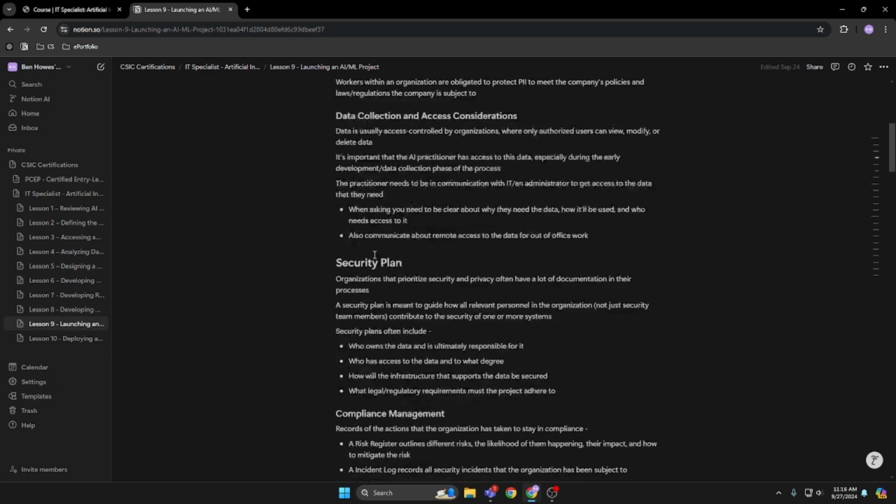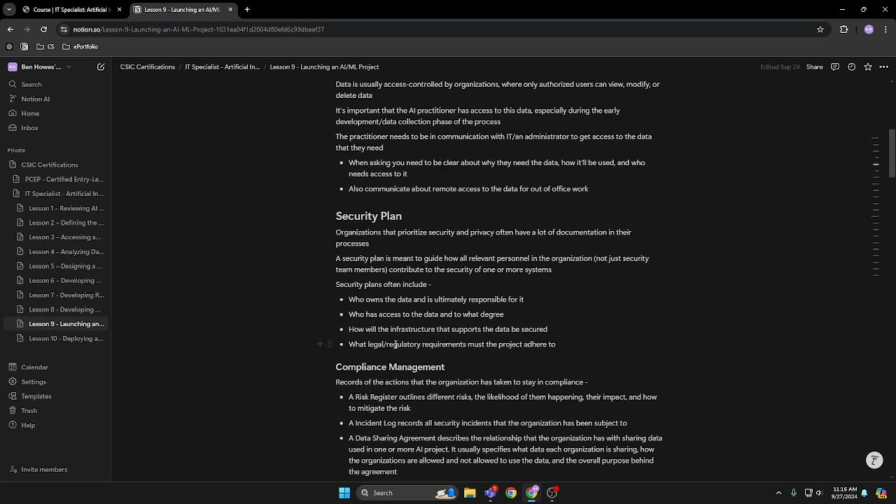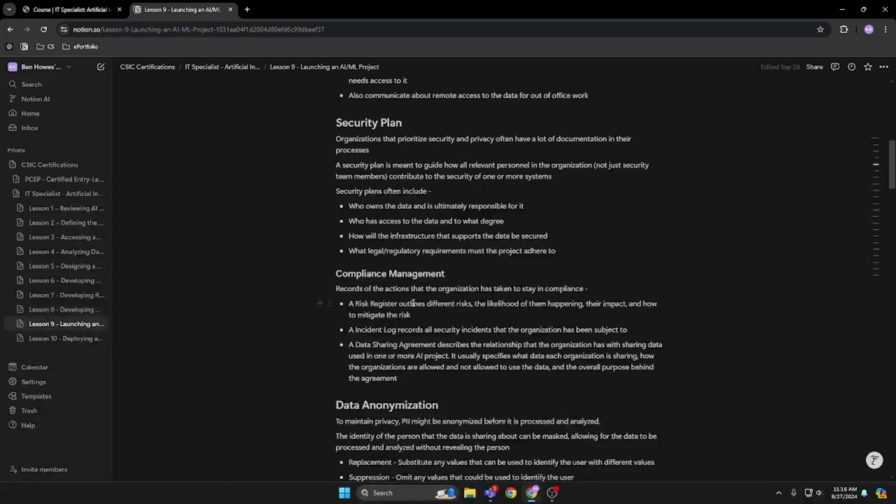It goes through making a security plan, making sure you know who technically owns the data and who is responsible for it, who has access to the data, and how it can be secured, and again, any laws or regulations that you need to follow, depending on the sort of data that you're using.